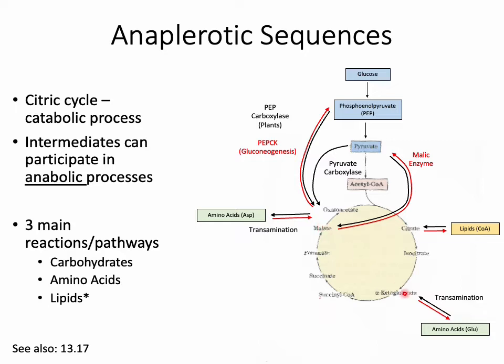In order to compensate for this, your plant might start converting its amino acids to alpha-ketoglutarate or oxaloacetate in order to replenish this intermediate and make sure the cycle keeps working, or vice versa.